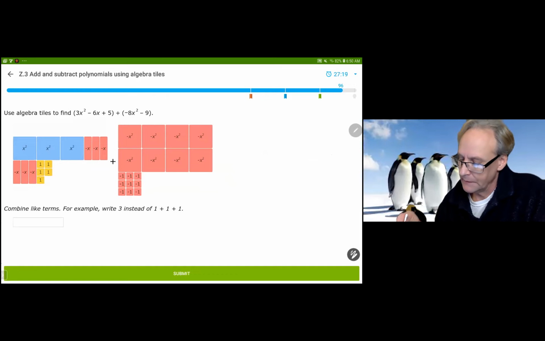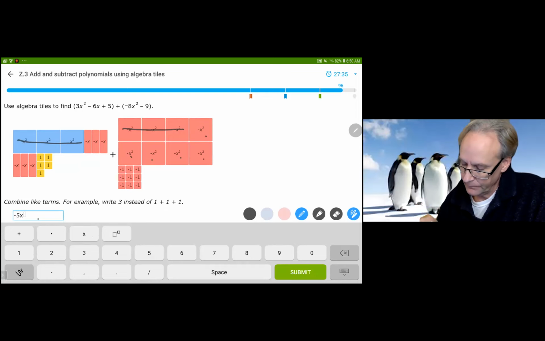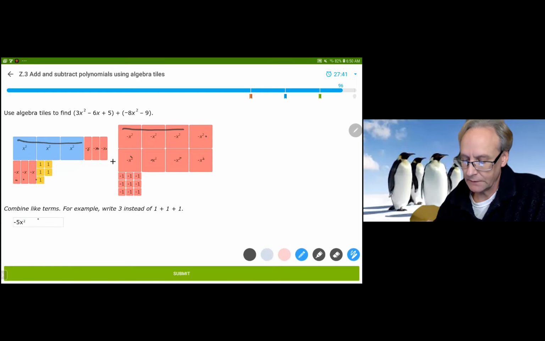All right. We've got these 3 positives canceled by these 3 negatives, and we have 1, 2, 3, 4, 5 negative x squareds left. There. I've got 1, 2, 3, 4, 5, 6 negative x's, and nothing over there being added.